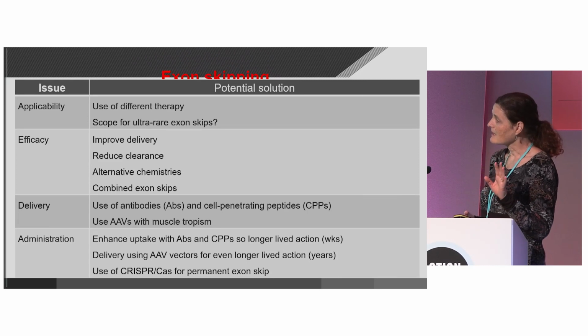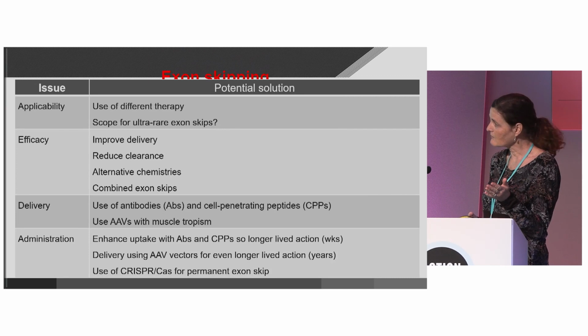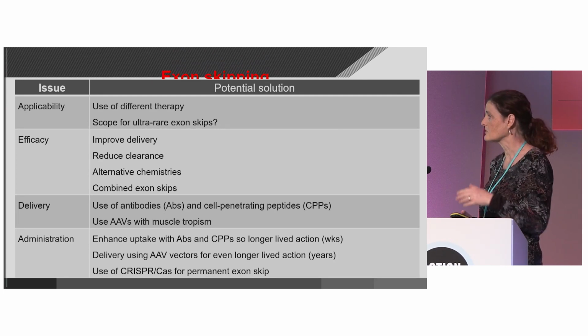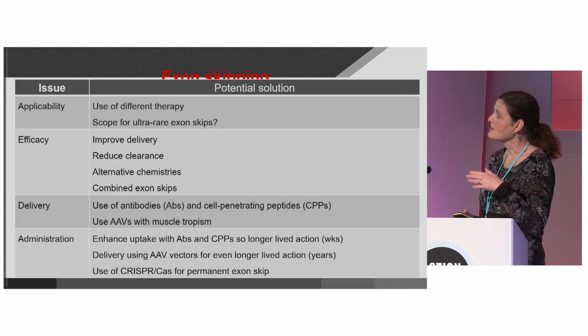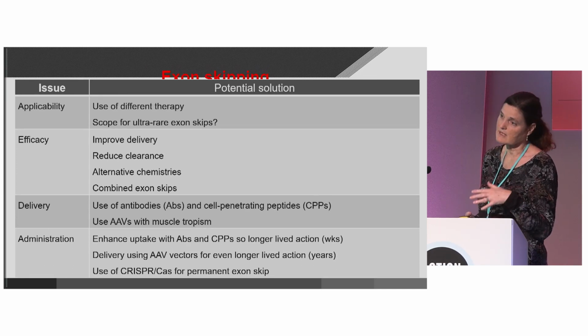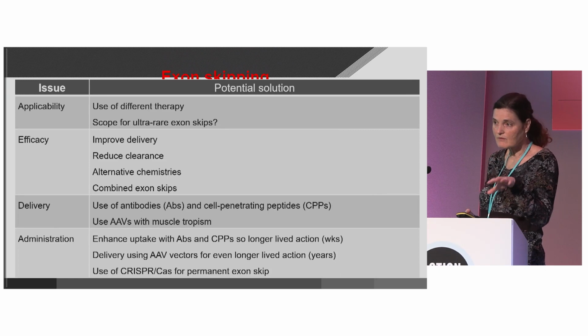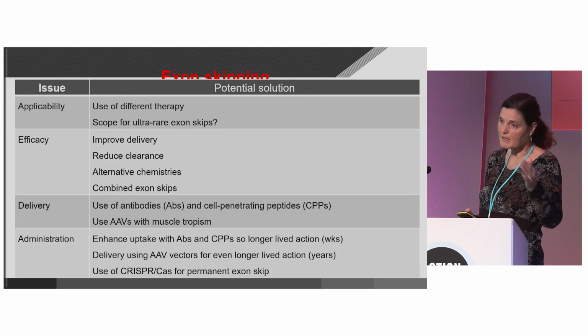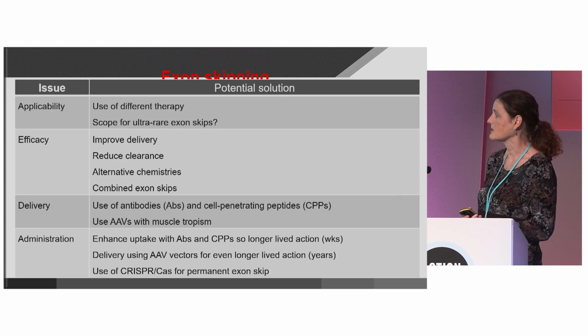For the efficacy, Annemieke went through that, so I won't repeat it, but we need to improve the delivery and reduce the clearance. That's using the antibodies and the cell-penetrating peptides. They will also improve the delivery concerns, so they should hang around for longer in the muscle. So we might be able to go in bi-weekly or monthly instead of having to do weekly dosing.